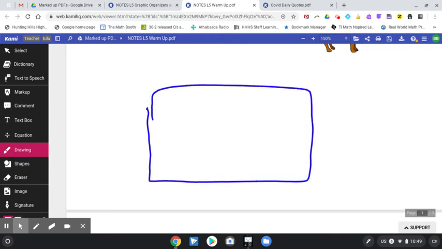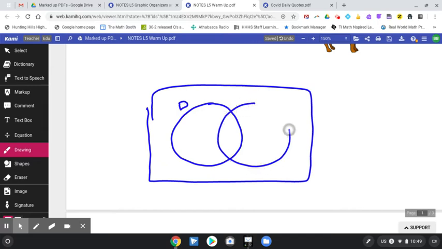Now we're talking about two different sets, but it is possible that the two sets overlap. So I'm going to say this is the set for the households that have dogs. Here's the circle or the set for the households that have cats.